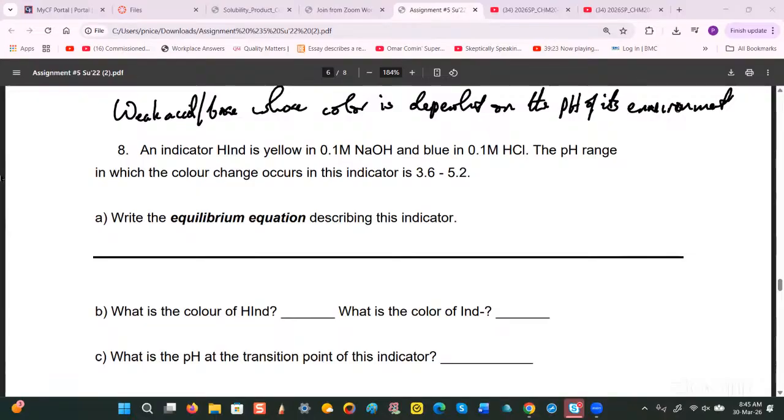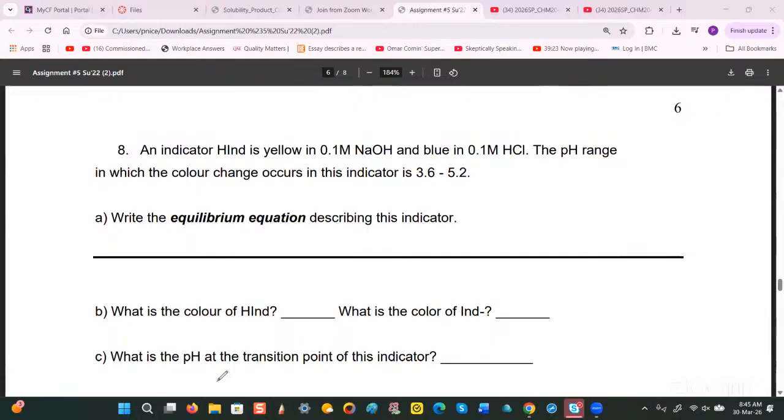And let me just briefly explain how an indicator works. Let me come down here and click on this.